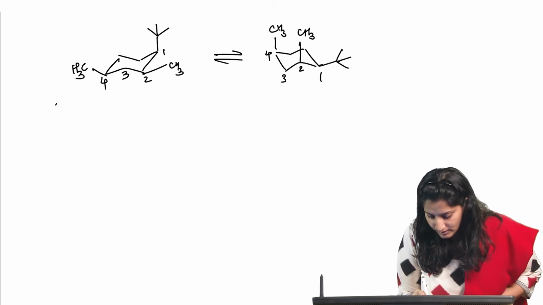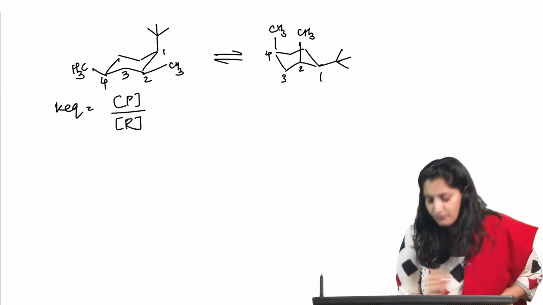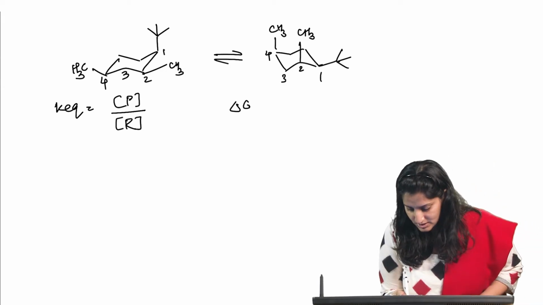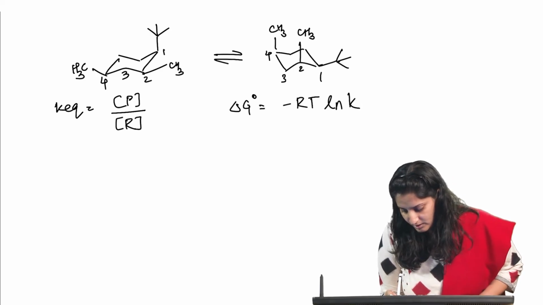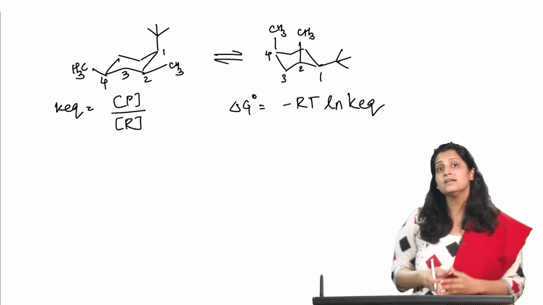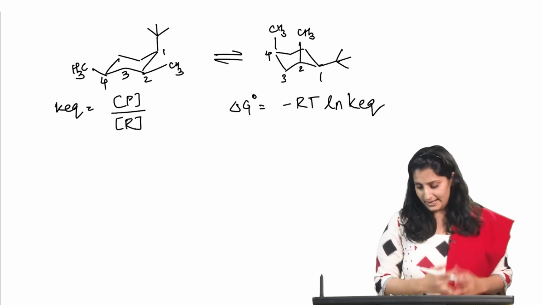We know that KEQ is equal to concentration of products over reactants. We also know the Van 't Hoff equation, which states that delta G0 is minus RT ln KEQ. So, let us figure out the KEQ with the Van 't Hoff equation and then figure out whether products or reactants predominate.